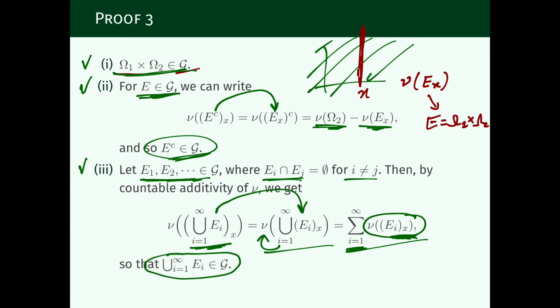So this, as a function of x, is measurable. And that means exactly that this union is in the family. It was very painful, but we have now shown that this is a lambda system. This finishes the proof under the assumption that omega 2 has finite measure.